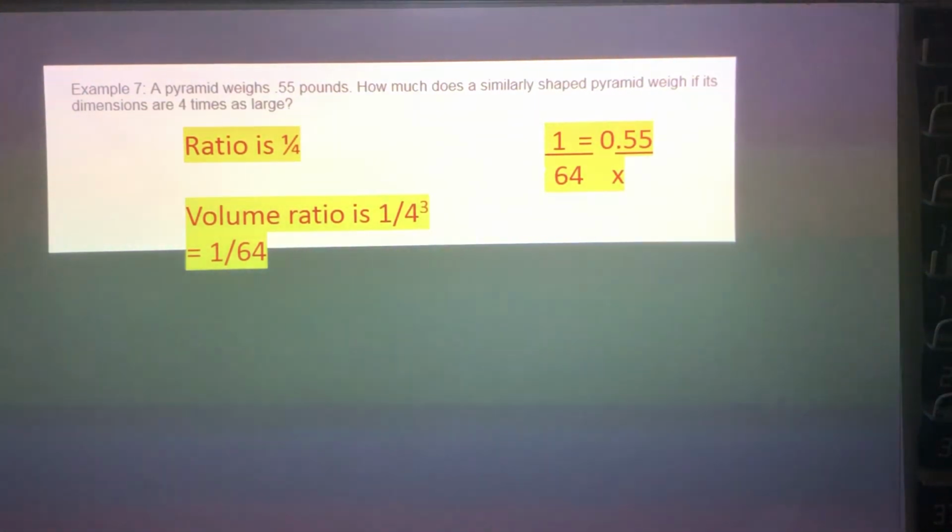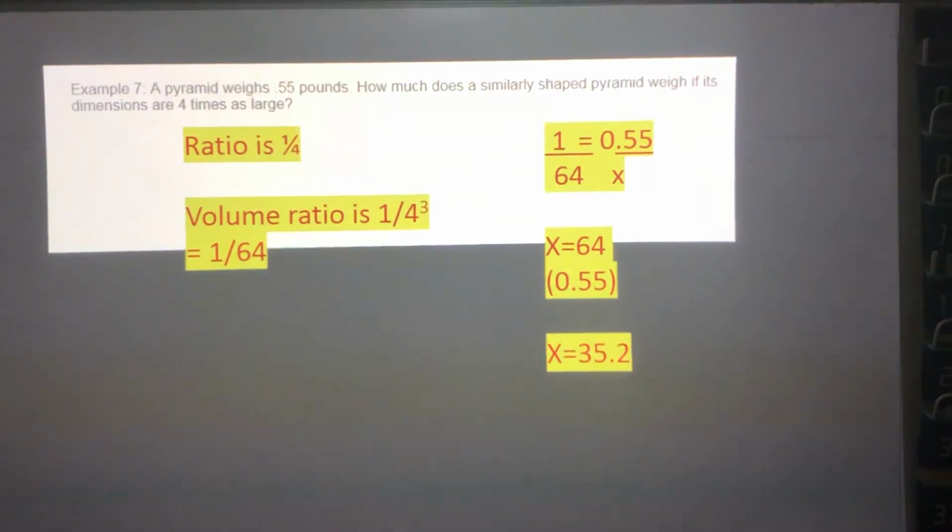So we have our volume ratio set up on the right side of the screen here, 1 over 64. And then the weight ratio. The original is a ratio of 1, and that has a weight of 0.55 pounds. The one we want is going to go on the bottom. So we cross multiply and then divide, and you should get 35.2.